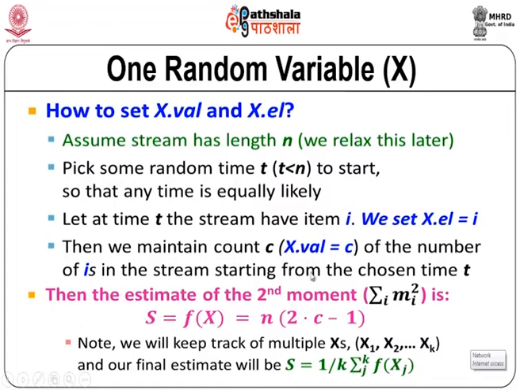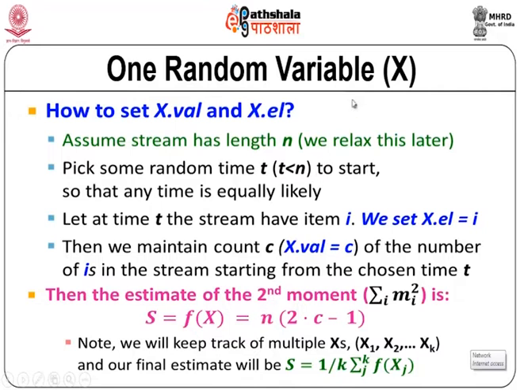So, the count, that is how many times the element x dot element has occurred, is indicated using the value c. Then the estimate of the second moment is indicated mathematically as f of x, which is equal to n into 2 multiplied by c minus 1, where c is the number of times the element has occurred and n is the length of the data stream.